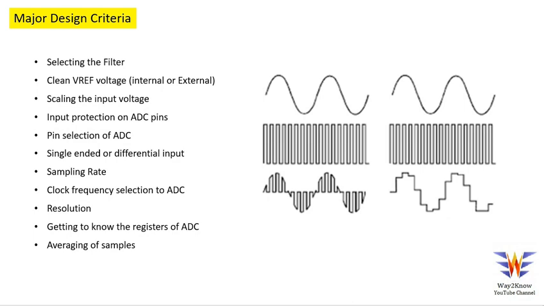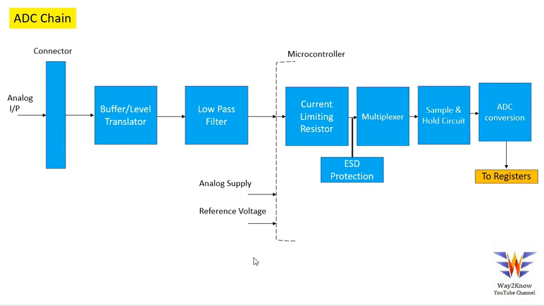Considering the long chain we have seen here, there will be some noise introduced. There will be some noise on the input of the connector, which could vary the analog values a little. For example, if you are giving 2 volts, it may not be exactly 2 volts that the microcontroller reads. It could go around 2.05, 2.1. So there could be slight variation.